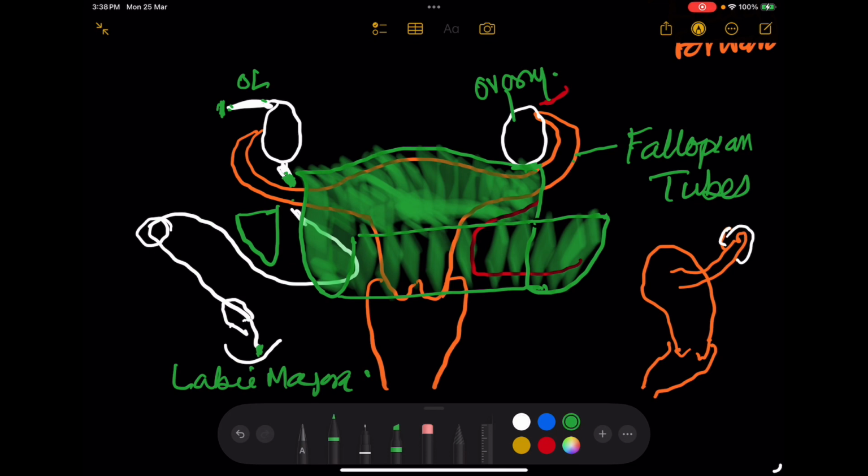Then this ligament comes like this. This is a peritoneal reflection. It covers the fallopian tube and goes onto the rectum. It comes from the bladder, makes a ligamentous fold like this, which is the broad ligament.